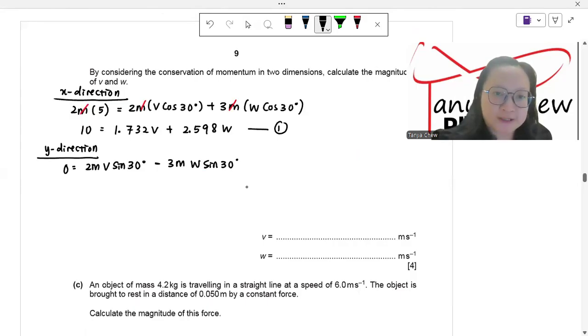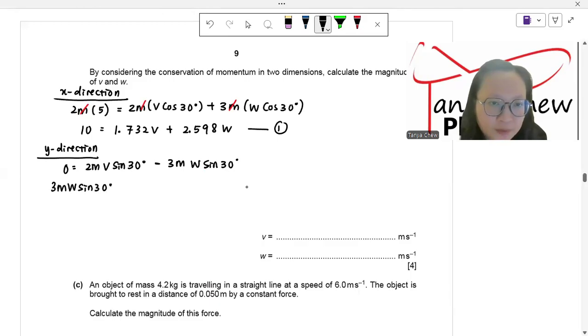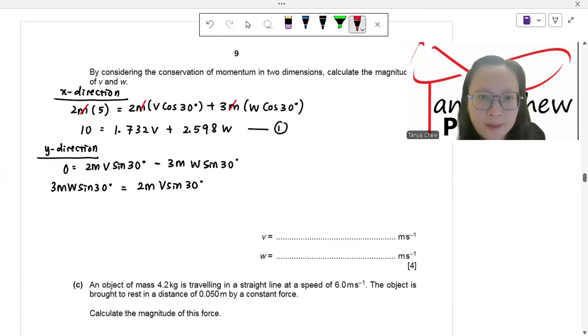I move this negative to the right-hand side, and I have 3m W sine 30 is equal to 2m V sine 30. Now the m and m you can just cancel off. Sine 30 is half, or 1 over 2. So times 3.